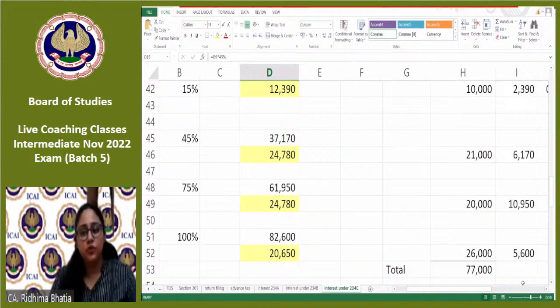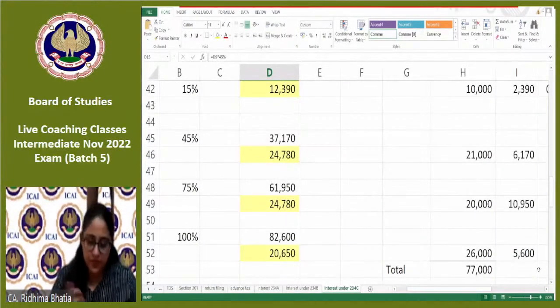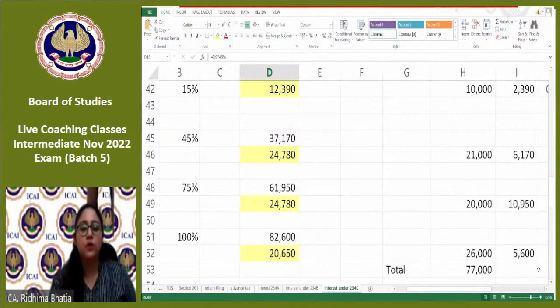Now you will calculate the shortfall. Quickly calculate the shortfall. Please do not look at this. If you have seen this, see how you are coming to it.